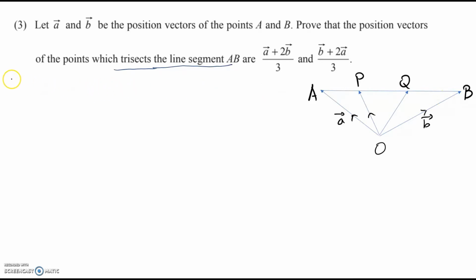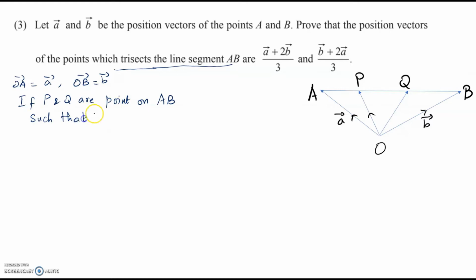So let's start out by defining OA vector is vector A, OB vector is vector B. If P and Q are points on AB such that AP is equal to PQ is equal to QB, because we are given that it trisects the line segment AB. So AP is equal to PQ is equal to QB.